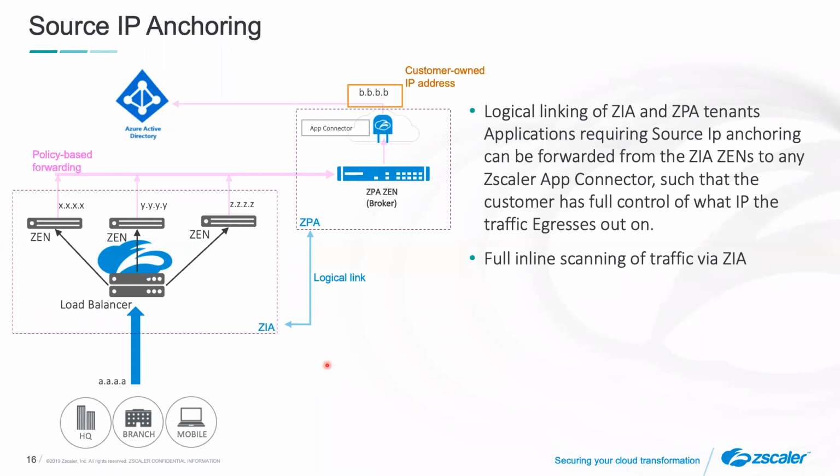So let's do a recap. I think this slide is the crux of the whole presentation. So the original problem was that this traffic was coming directly from these Zens to Azure Active Directory, which means that it came from one of these IP addresses, and Azure Active Directory doesn't really trust any of these IP addresses because they are not customer owned.